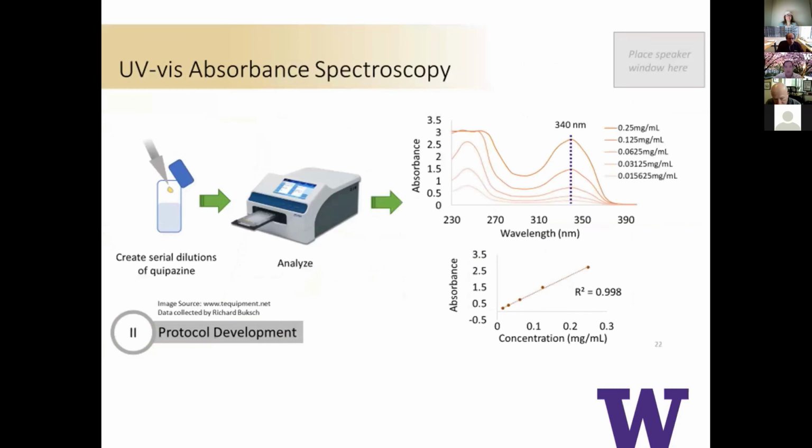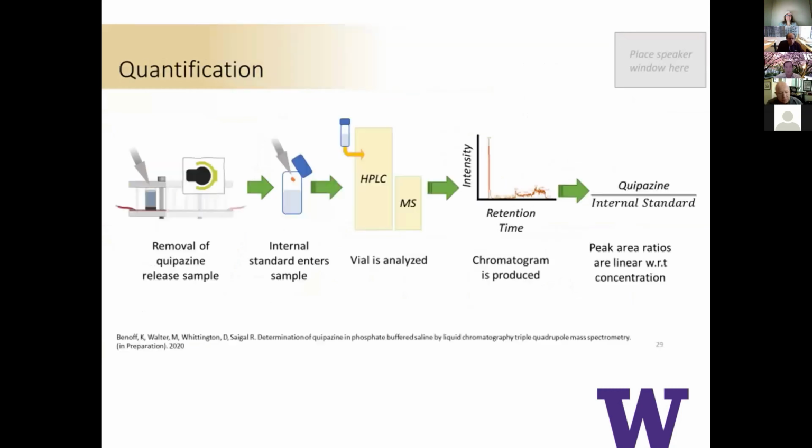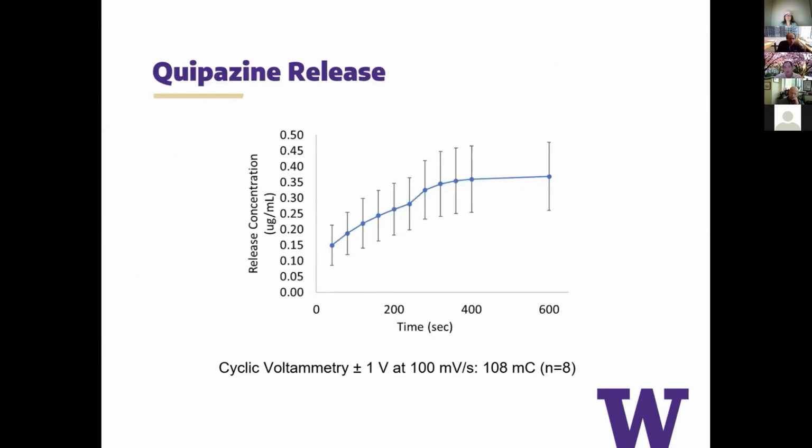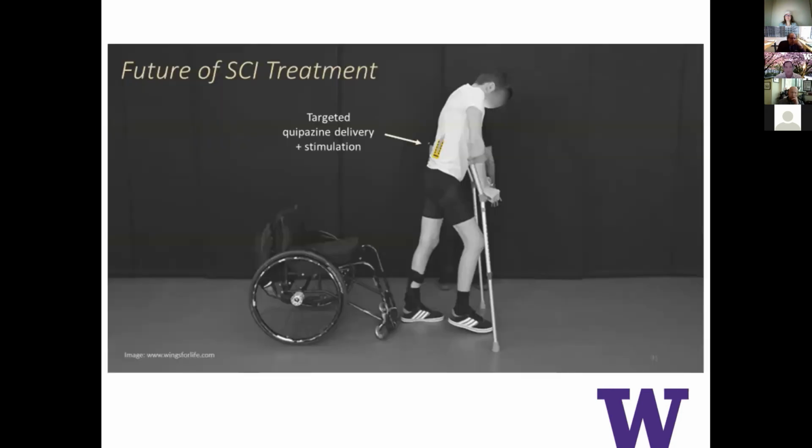Also some more technical details: actually measuring new drugs and being very specific is challenging. A benchtop system commonly uses UV-vis absorbance, but actually it's not very specific. So we've had to adapt to more advanced chemistry techniques. In this case, we use HPLC and mass spec to more specifically detect our drug of interest. And we've shown now with quipazine that we can also encapsulate and release this from our system.